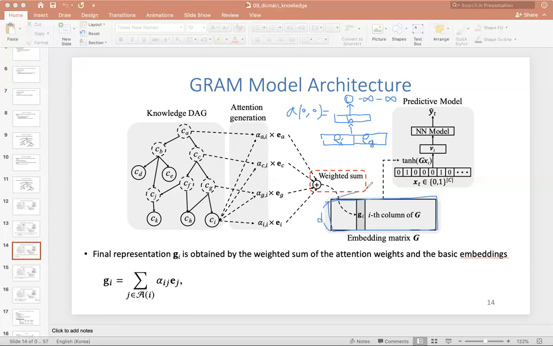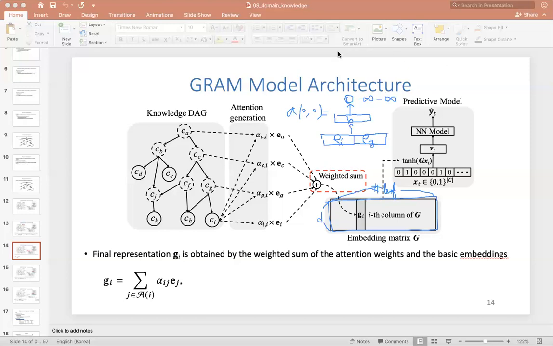But the number of columns would be the same as the number of leaf nodes, because we know this final embedding vector is used for representing only the leaf nodes. So the ancestors are no longer part of this embedding matrix G. I hope that's pretty obvious.